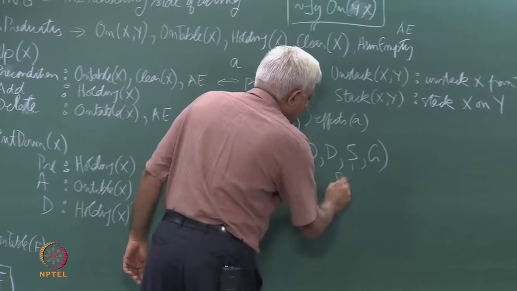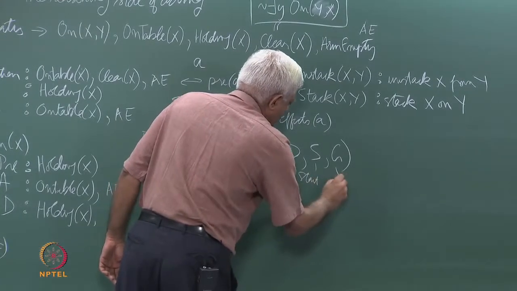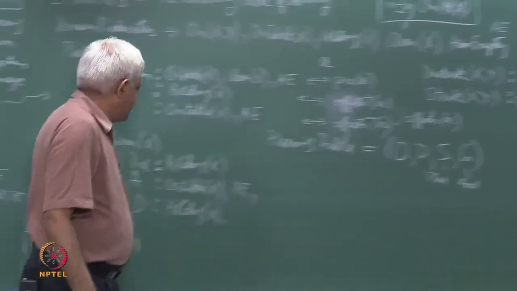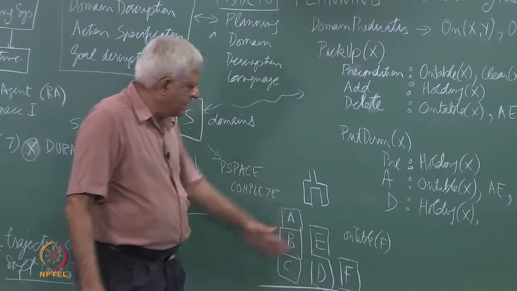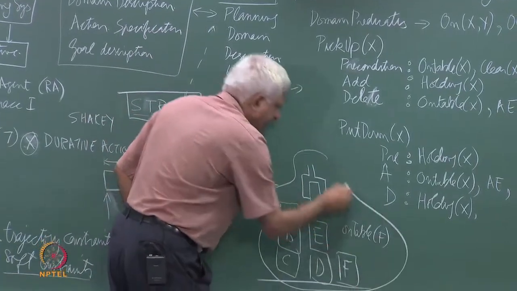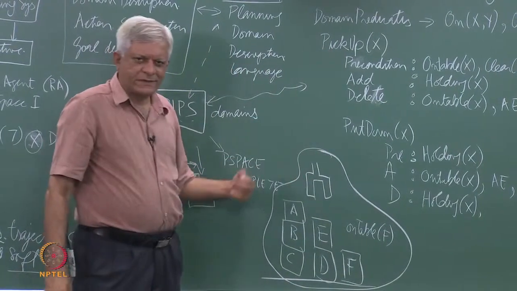So, this is the start and this is the goal. For example, this could be my start state. I have not written it in this language, but you can write it quite easily.